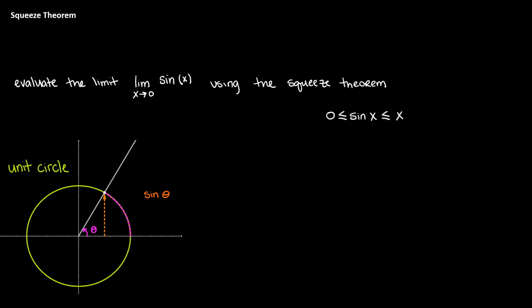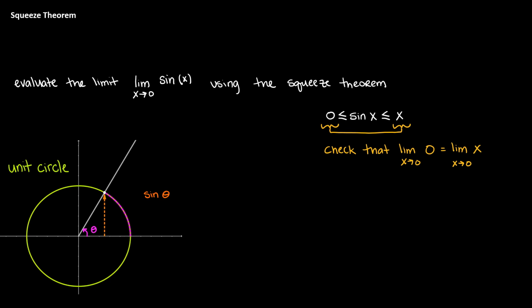To use the squeeze theorem, we first have to verify that our small function and our large function have limits that go to the same place. So, is it true that the limit of 0 is equal to the limit of x when x is allowed to approach 0?